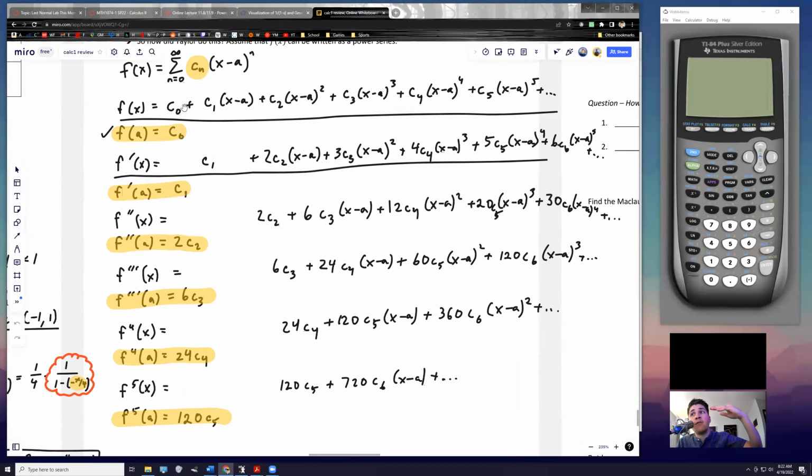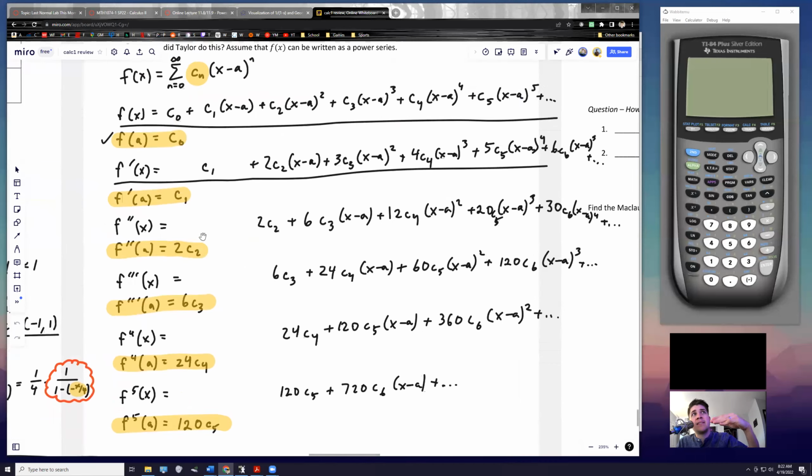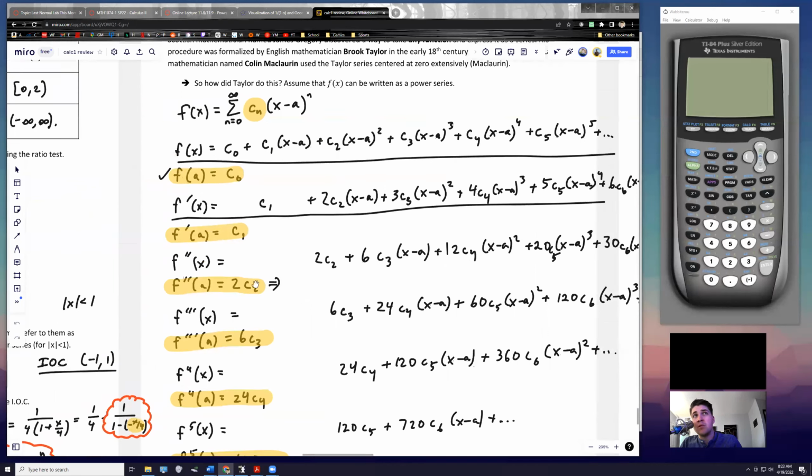And the point is, if we continuously take the derivative, we can figure out that the coefficients have a particular pattern. Now, if we were to take each one of those and solve for the coefficient, for example, in this one, if we divide both sides by 2, we would have c2 must be equal to the second order derivative at a divided by 2.